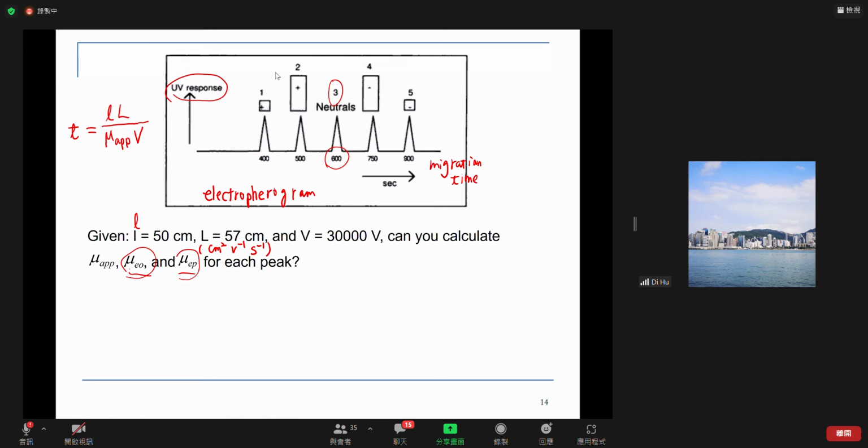I'll give you 5 minutes, okay? So, starting from number 3. Everyone try that by yourself. Pay attention to the sign, positive sign, negative sign. Pay attention to the unit. Now I'm using centimeter square per volt per second, and we start from peak 3.